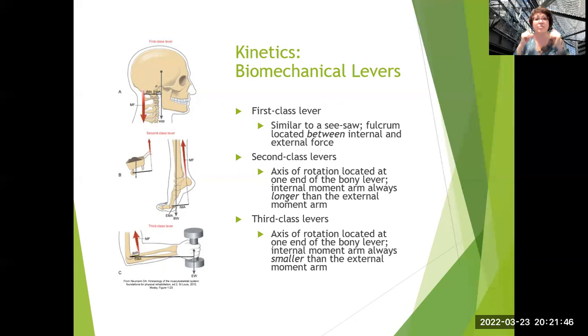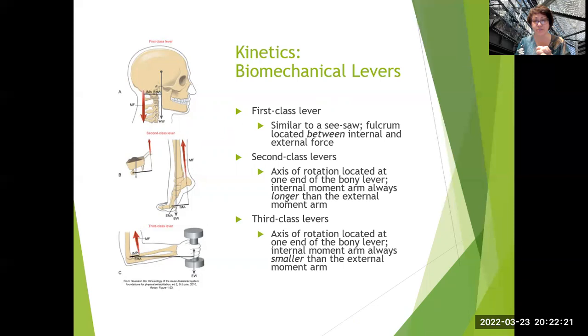The gravity force, the external force, is gravity trying to pull our head down, and the internal force is our muscles trying to pull our head up, and they're teeter-tottering to keep us level on the occipital condyles of the cranium, balancing on C1 of the cervical spine. So we have that teeter-totter effect keeping our head level. And the reason we have that motion is because we want to keep our eyes level. We want to keep our gaze stable so we can visualize what's going on in the world.